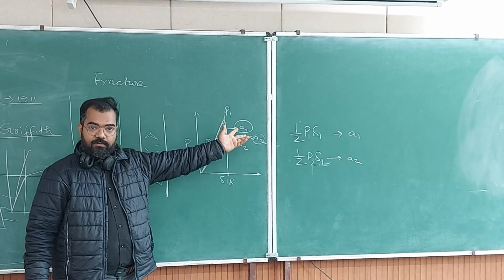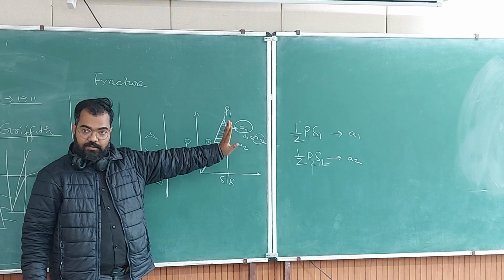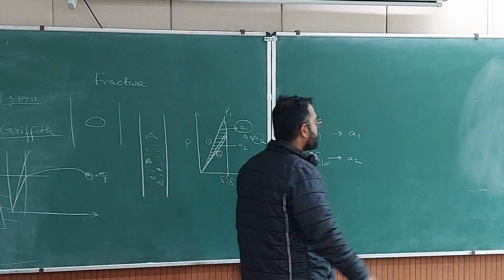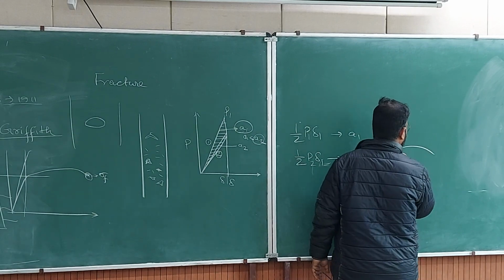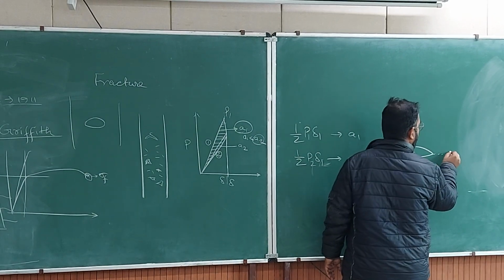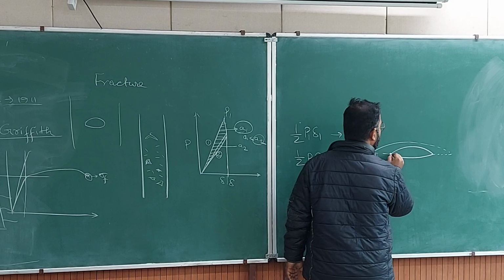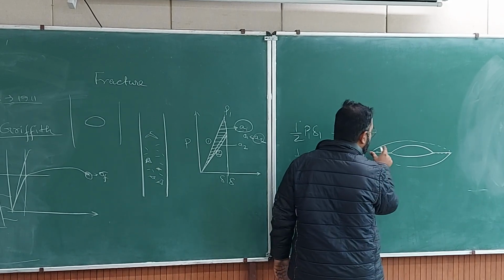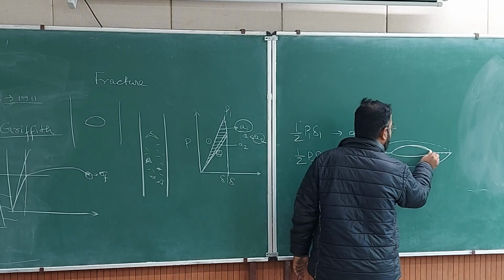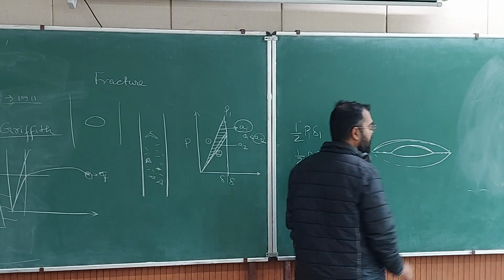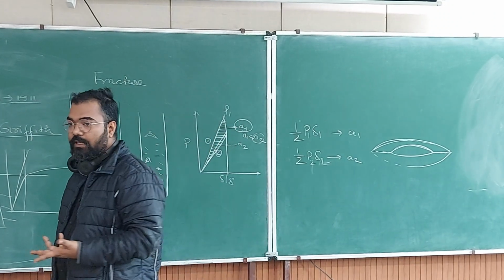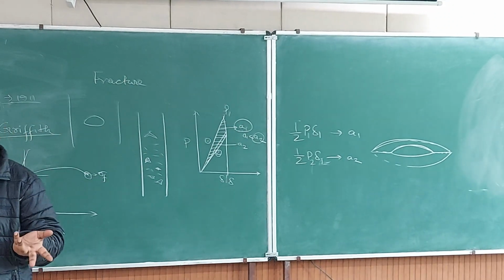And where has that gone? In creation of surface. That part you have understood, okay? So if you ignore plasticity, then the crack has acquired more surface. So this part has increased to that part, right? So more surface has been created, and that surface creation needs energy because you have to put atoms at the surface.